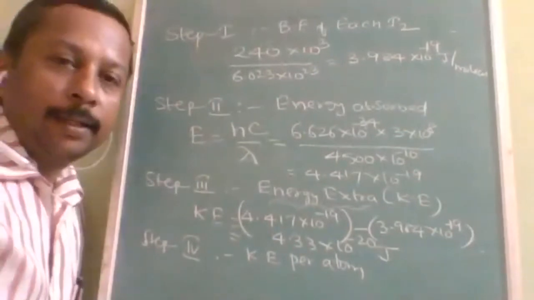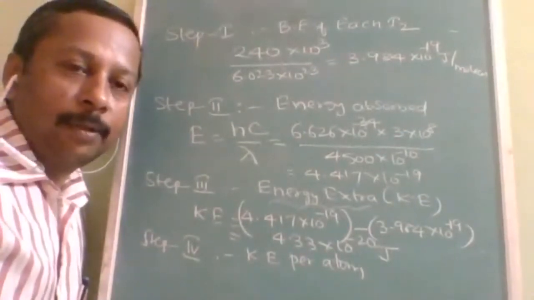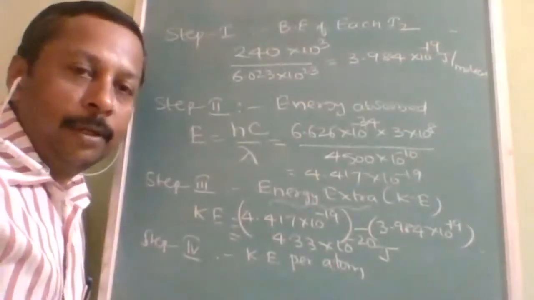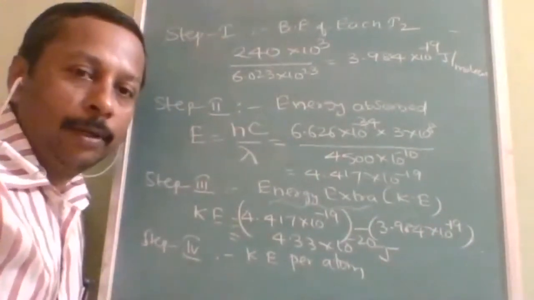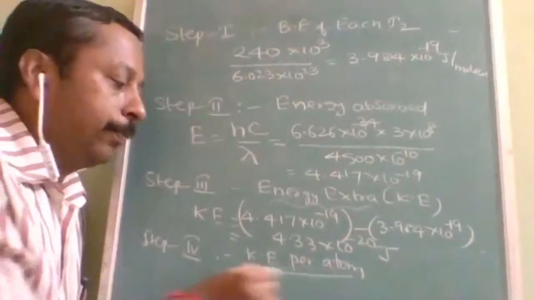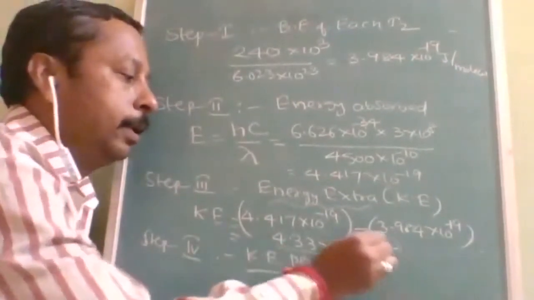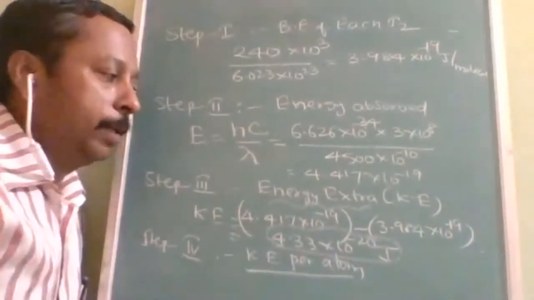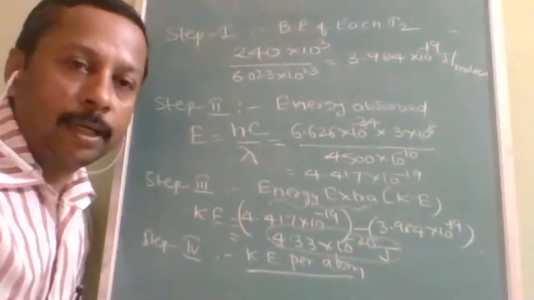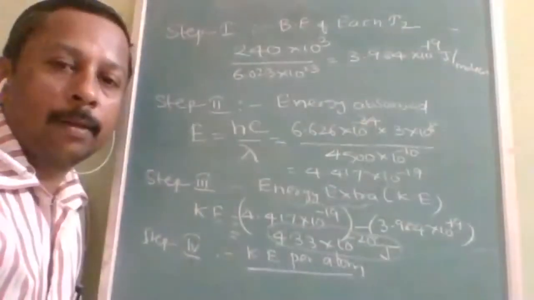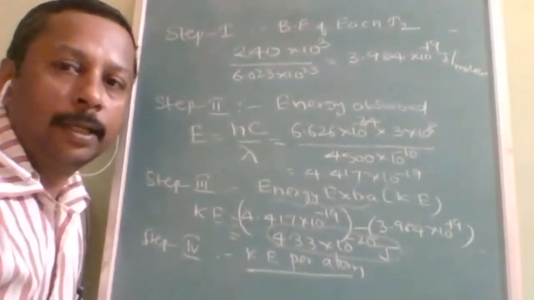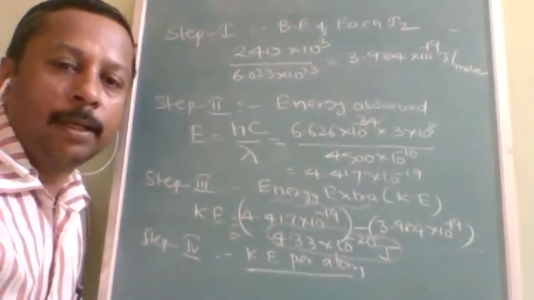And there is one more twist. Here the question is not about per molecule, the question is about per atom. So this much energy was given per molecule. Each molecule contains how many atoms? 2 atoms. So we require the kinetic energy per atom.